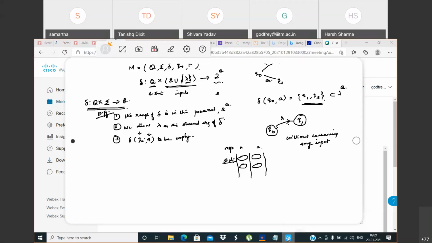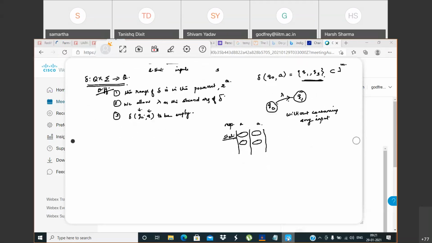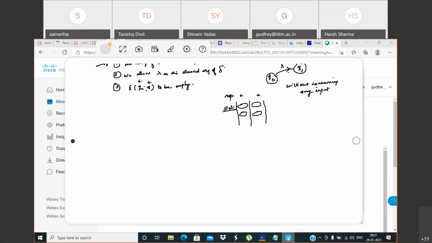Now a string that is accepted by a non-deterministic finite state automata. When you say a string is accepted, how does our machine work? You have an input tape, and on the input tape you have the string. Let's assume you have A, B or something.